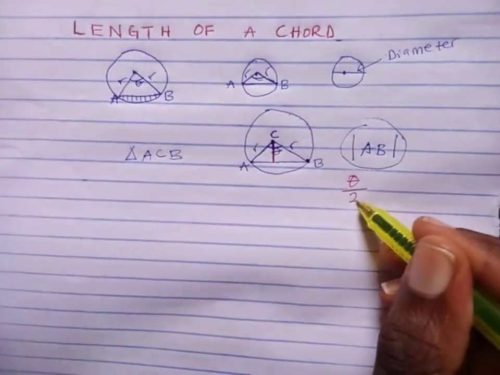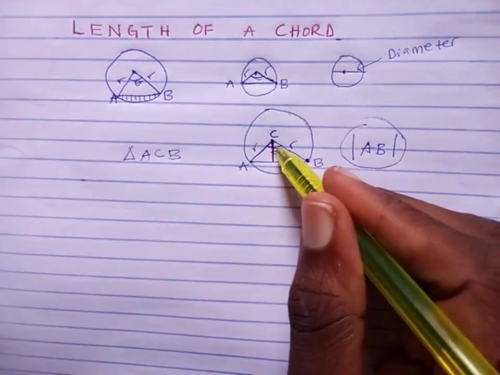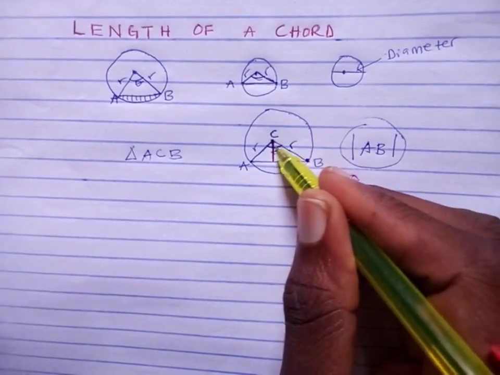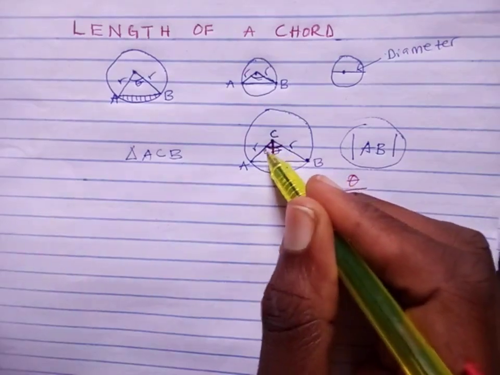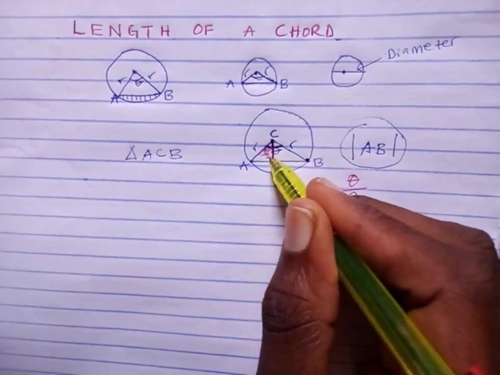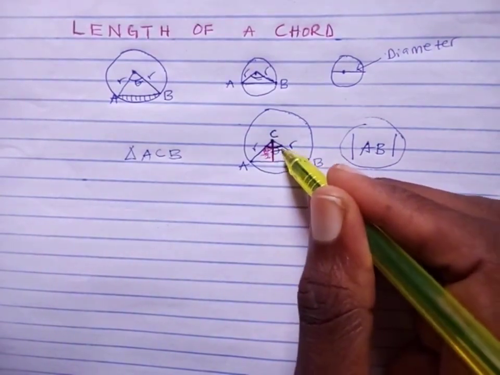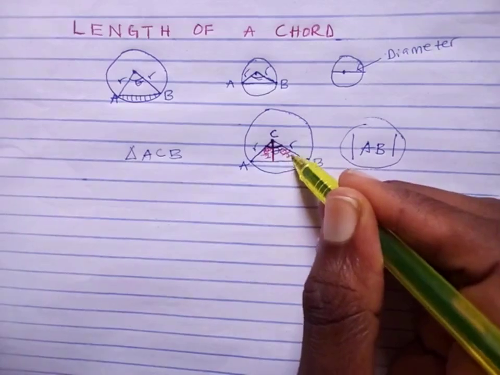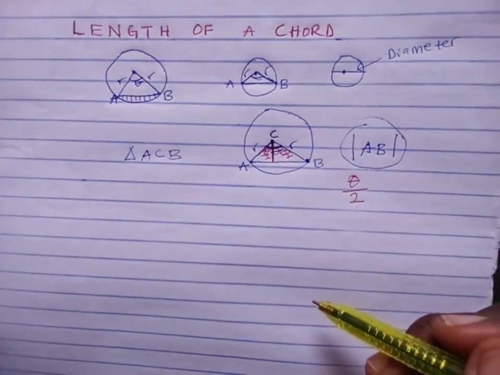It will divide angle theta into two. So this part is going to be theta over 2 and this other part is going to be theta over 2. That's the angle I have here, bisected.